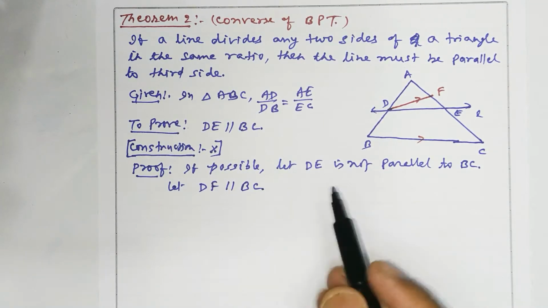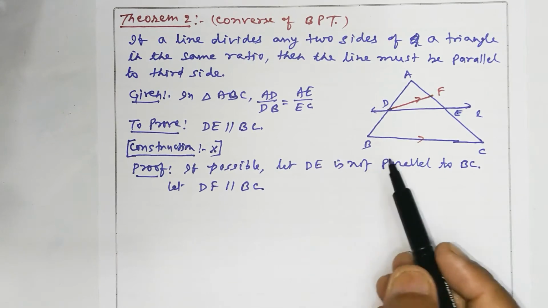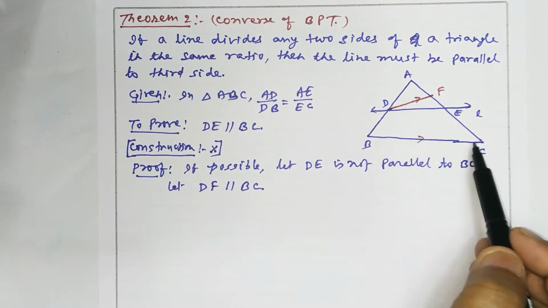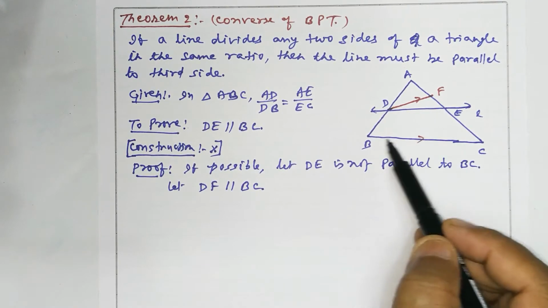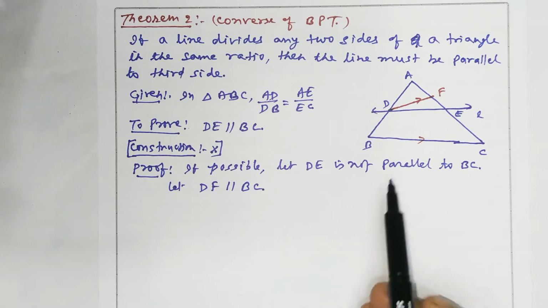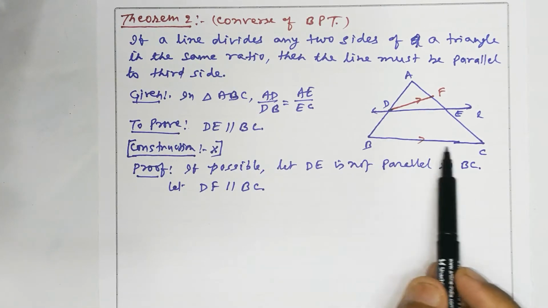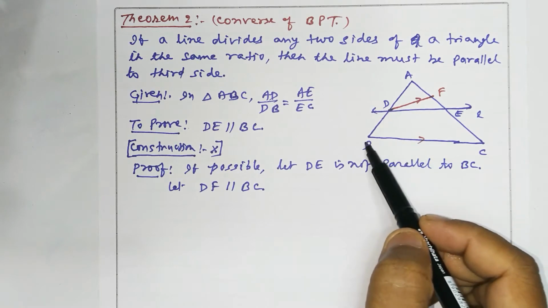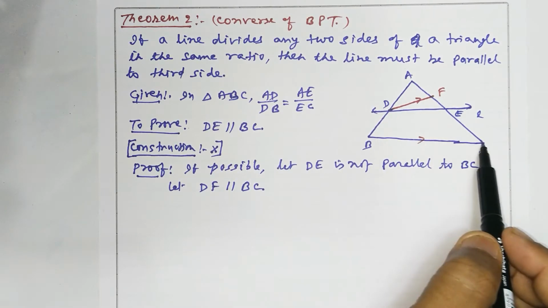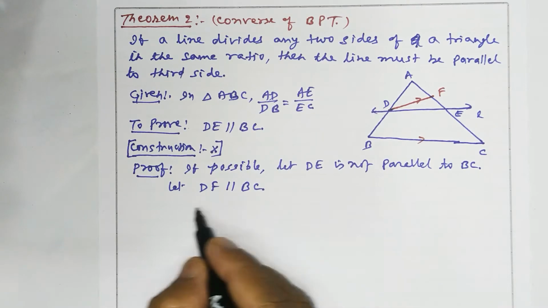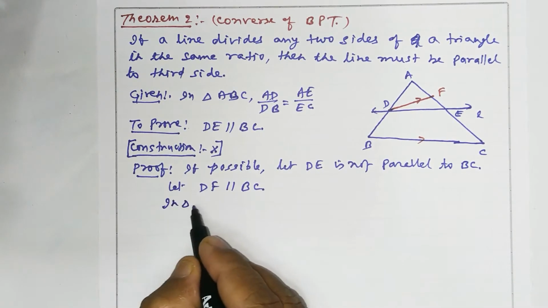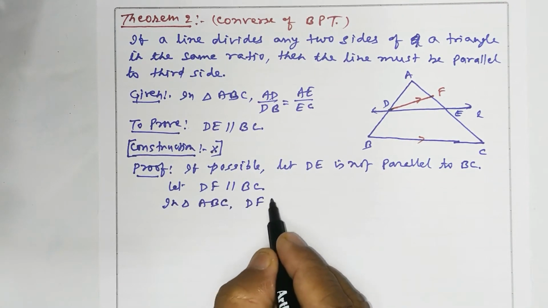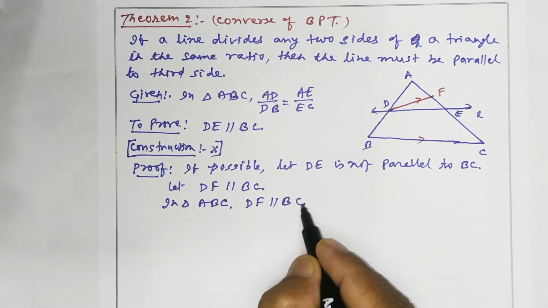Now use the BPT. In BPT we know a line parallel to one side of a triangle divides the other two sides in the same ratio. So DF is parallel to BC, as we have taken. So according to BPT, in triangle ABC, DF is parallel to BC.